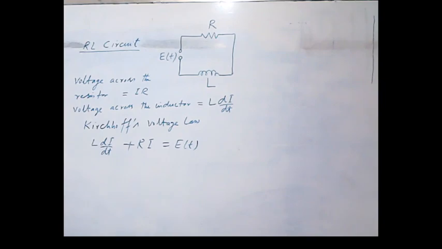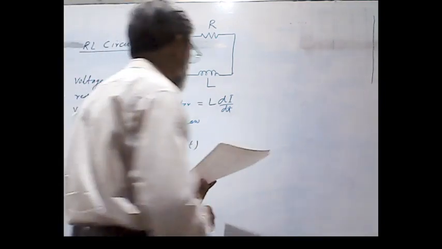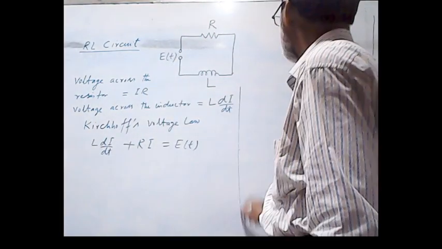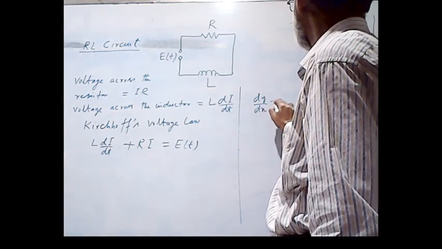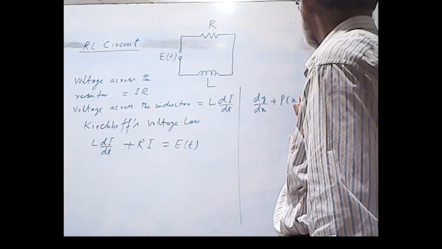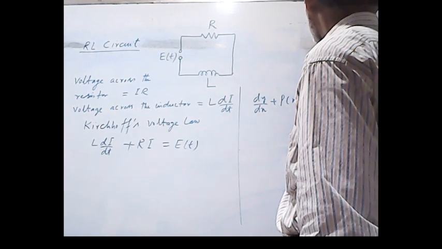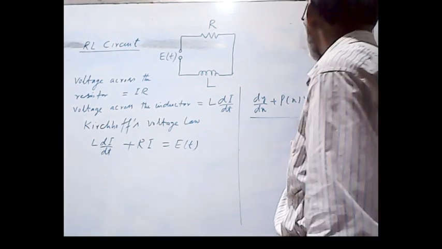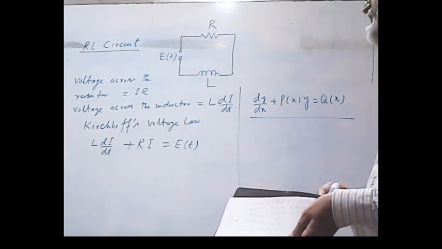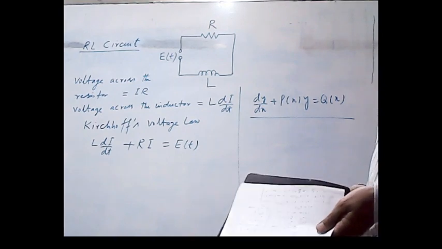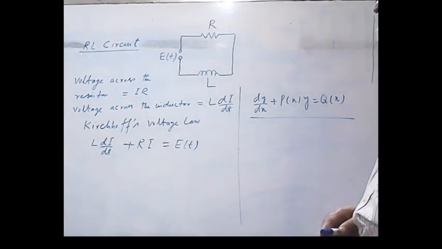In the case of linear, recall the general form dy by dx plus p of x y is equal to q of x. So y and x: here y is equal to I, current, and x is equal to t.